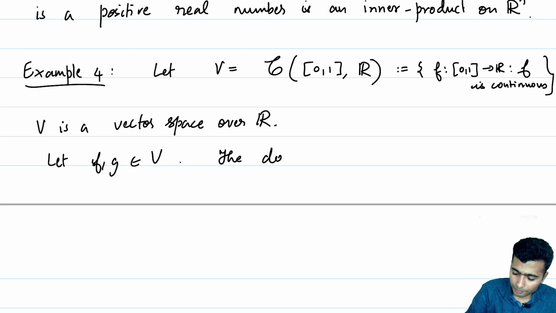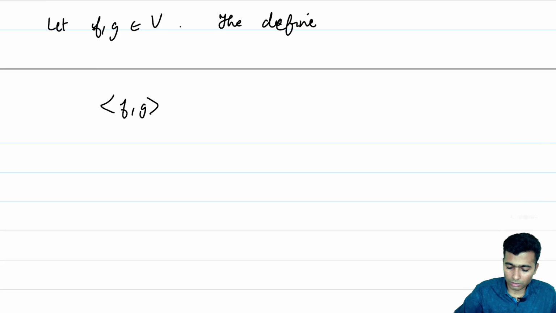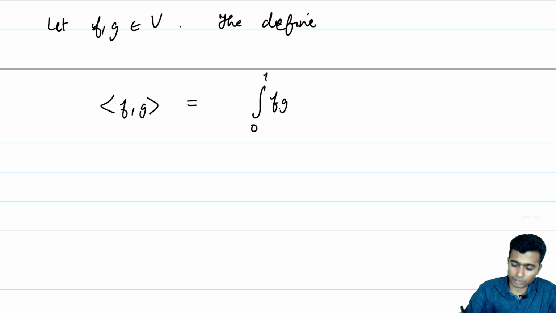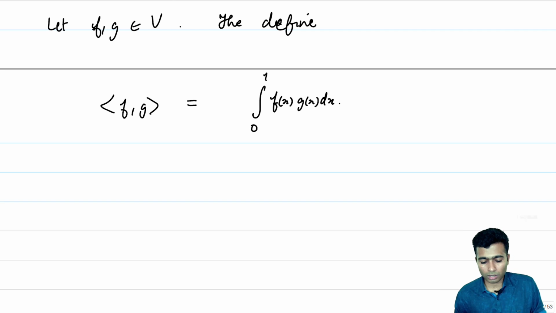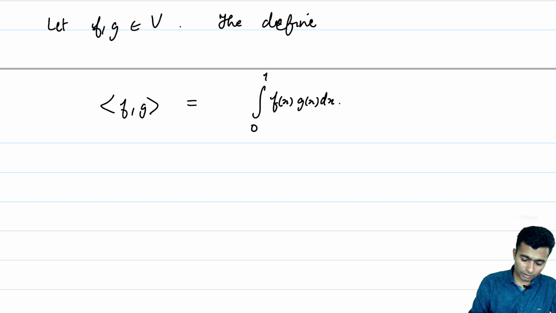Then define the inner product of f and g to be equal to the integral from 0 to 1 of f of x times g of x dx. So look at the integral of f times g from 0 to 1. It can be easily checked again that all the properties hold, so I'll leave it as an exercise.